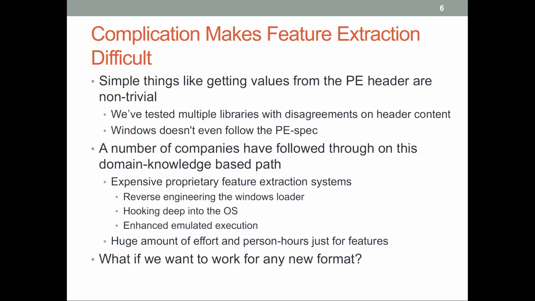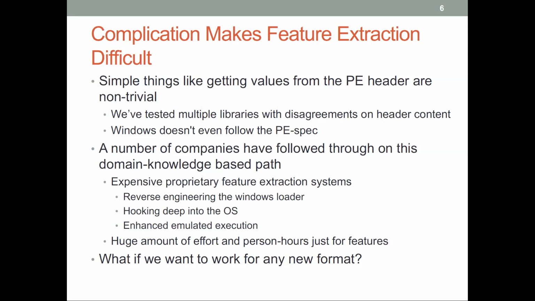They note that companies have developed multiple expensive feature extraction systems to reverse engineer the Windows loader, to hook deep into the OS, and to do enhanced emulated execution for dynamic analysis, which in the end translates into a huge amount of effort required from experts doing malware analysis and feature extraction.